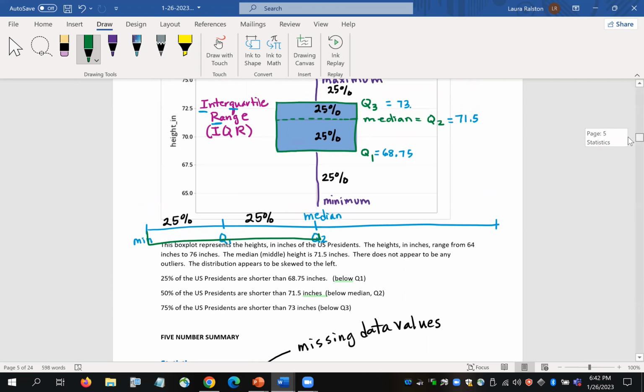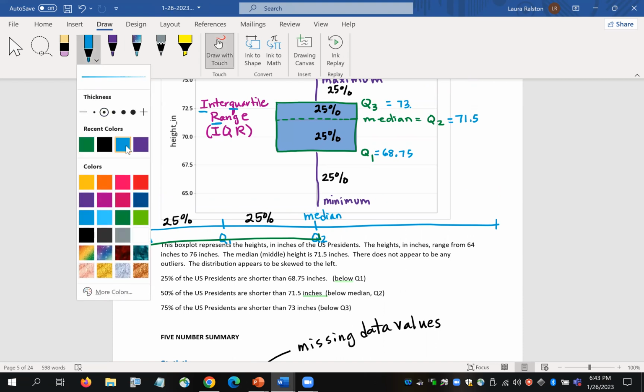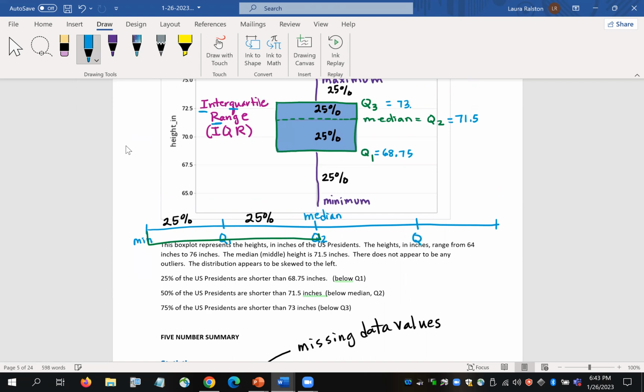It's 71.5 because that was the value that was calculated in Minitab for Q2, or for the median. Then we go one more to Q3.